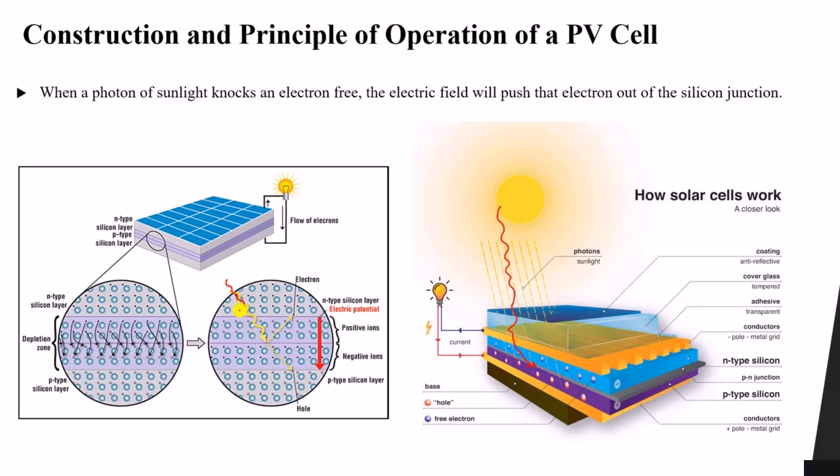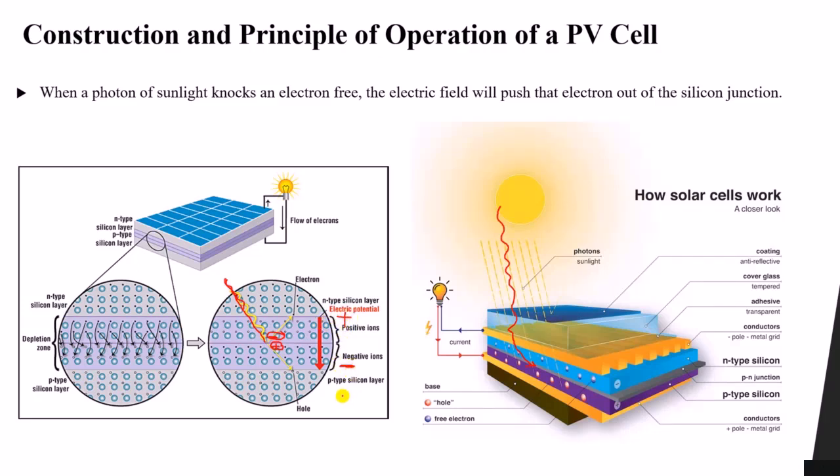So you will see that when the light falls here, we have a free electron and a free positive hole. Now you can see we have an electric field here, from positive ions to negative ions.